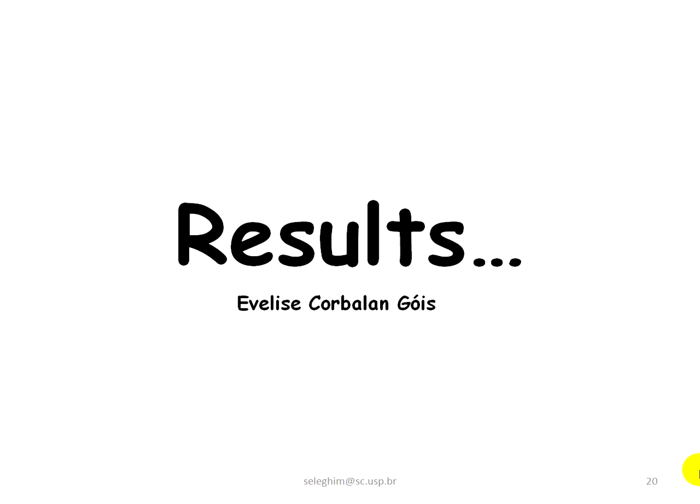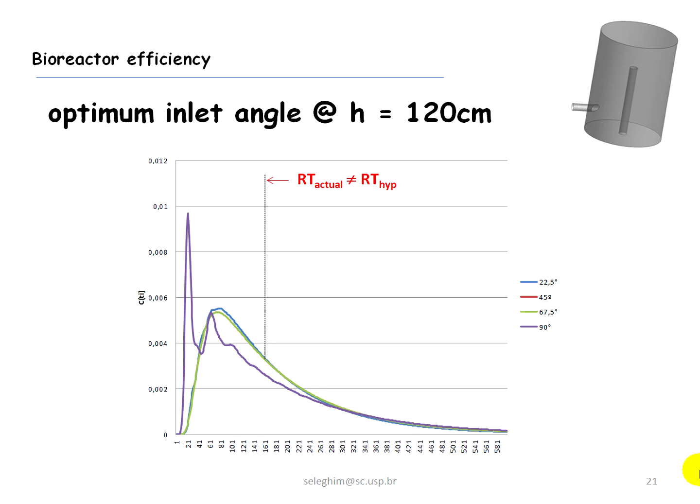Okay? So I'm going to show you some results due to Evelise. Evelise was at Cambridge last year. So this is just an example, just to show you the influence of the input angle. Okay? So the height here is 120 centimeters. It's fixed, just to show you the influence of the input angle. At 90 degrees, okay, 90 degrees is the input angle here, you have this purple distribution. You see a huge short circuit, and so that's it.